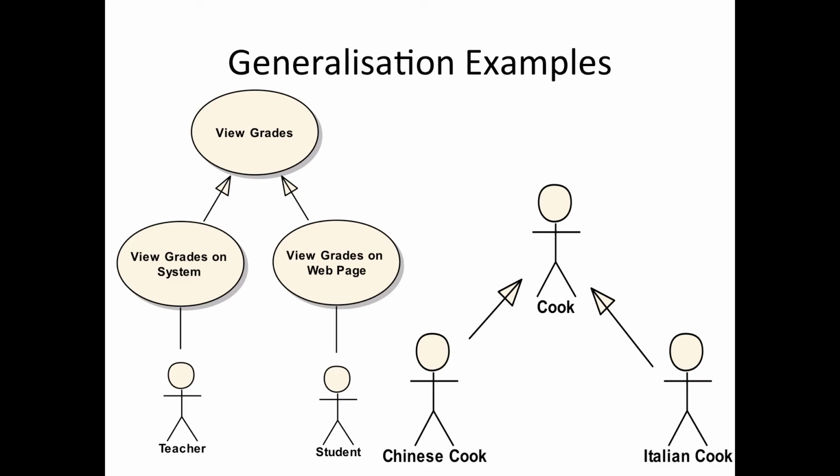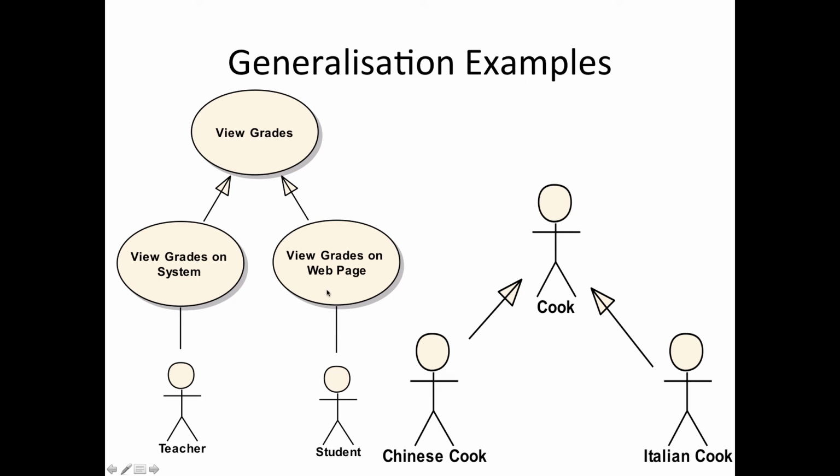So here are some examples. View grades on the system, view grades on a web page. The thing is, view grades is the most important thing. We either have one or two ways. Here is a really good example. I can view grades internally because I'm a teacher. I would view grades in a slightly different system than you would view grades.